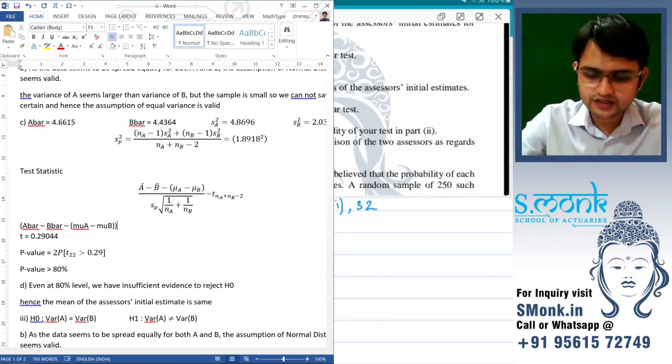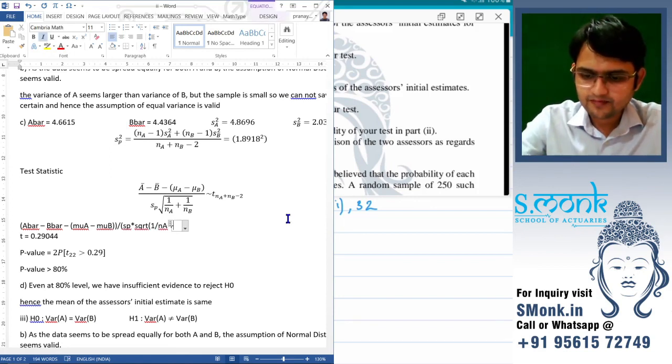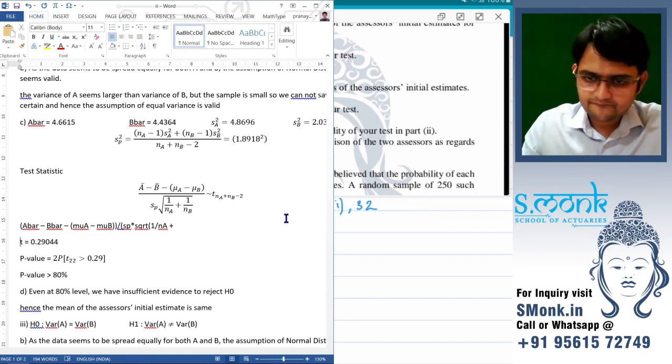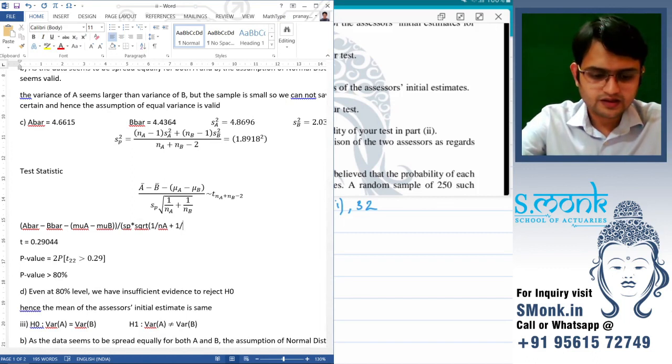This is my numerator, and then divided by another bracket, say sp into square root of 1 by na plus 1 by nb, bracket close.